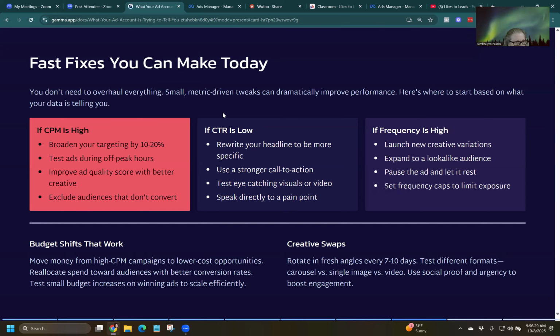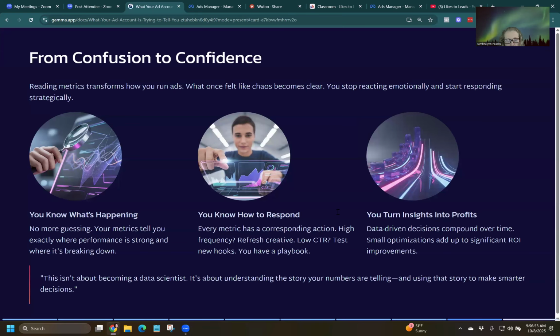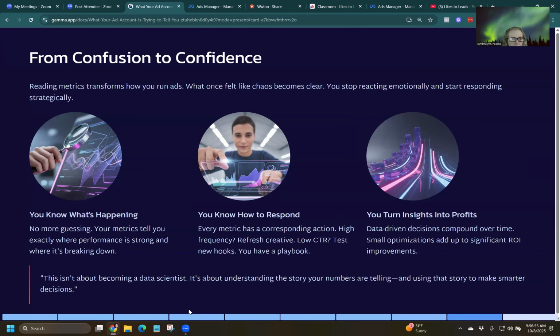If your CTRs are low, the CTR is indicative of the body copy, the image, the call to action, and the headline is the link click through. If those are low, then rewrite those. And if your frequency is really high, then work on resetting your ad. It's that simple. Just reset your ad, refresh the ad. Okay, super simple. So this will help you feel more confident when you're doing your ads.